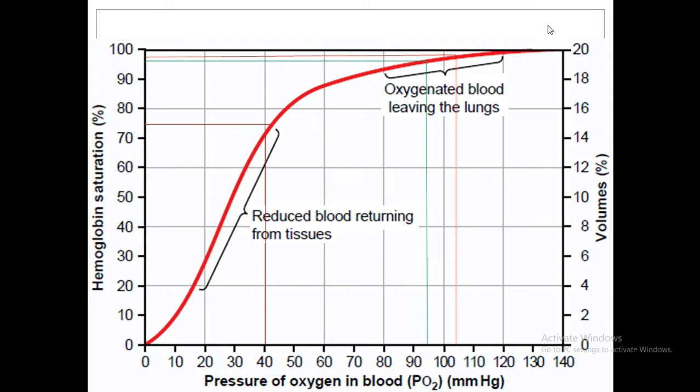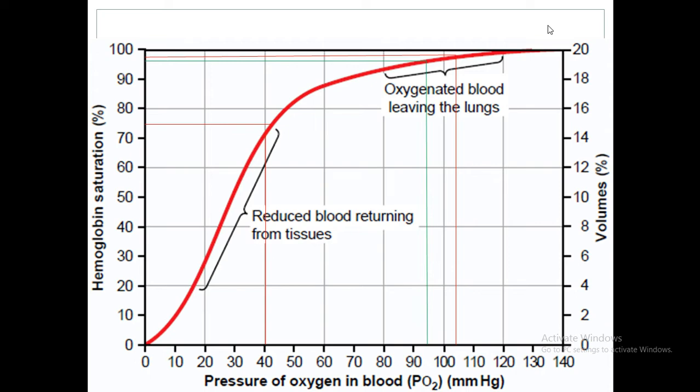When our body tissue needs oxygen, it is separated from the hemoglobin to be utilized by the body cells. So how this change occurs, at which stage, and how much, all these things are mentioned here, and I will explain one by one.